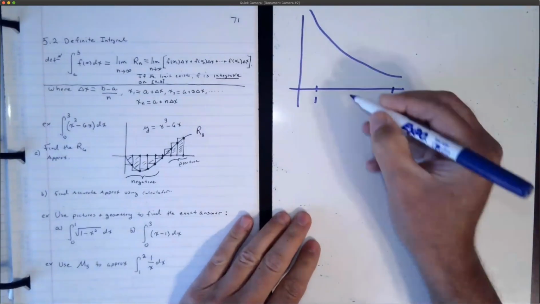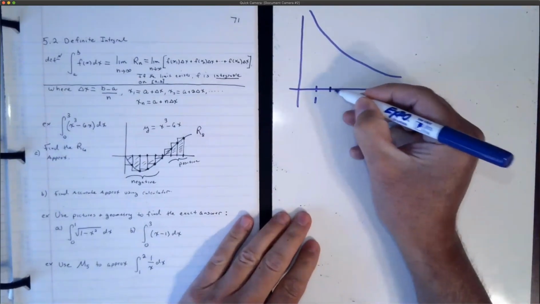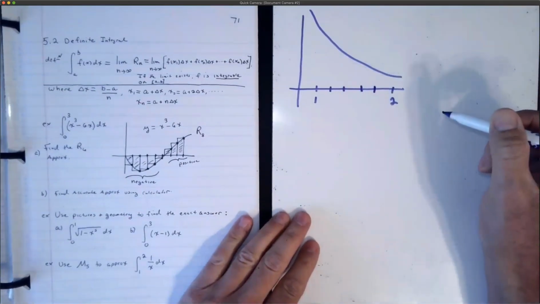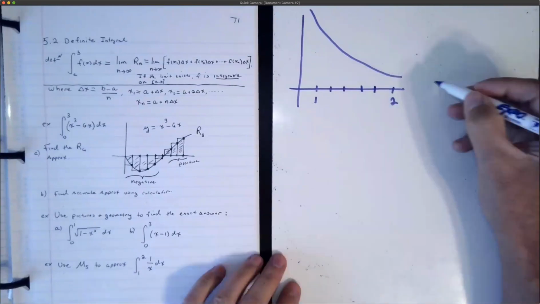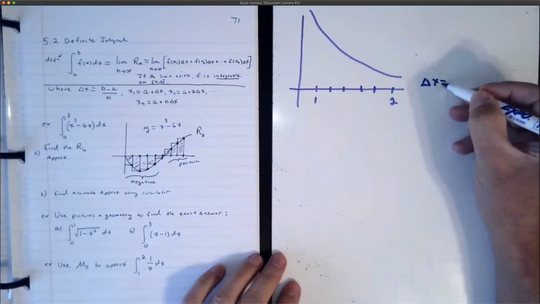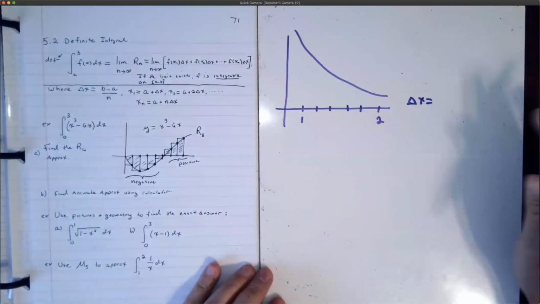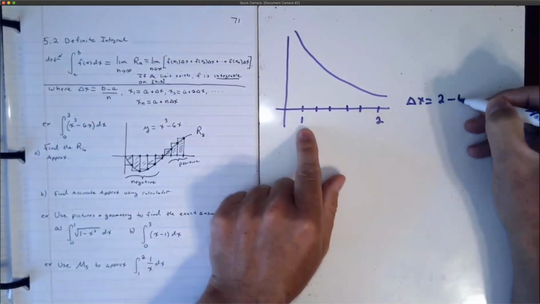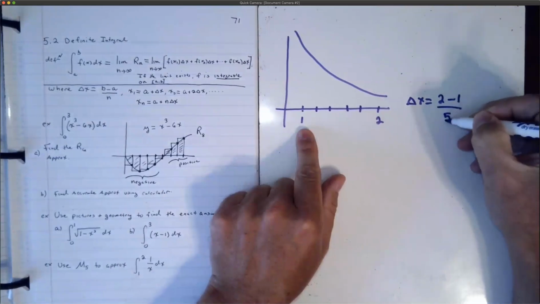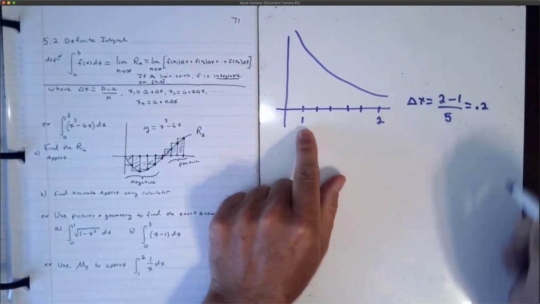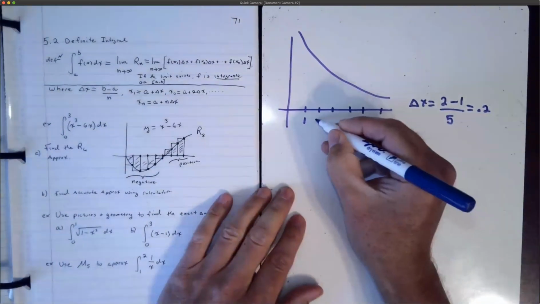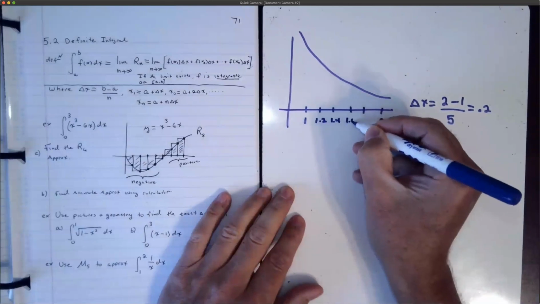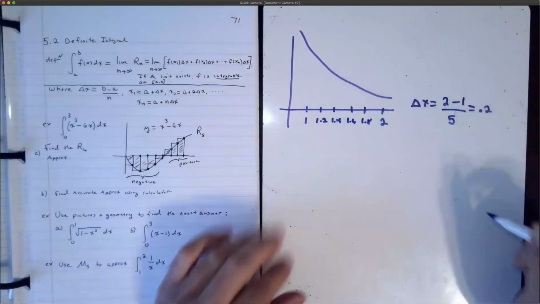And you want to split this up into 5 boxes. So delta x would be b minus a, 2 minus 1, over 5, which is 0.2. So we can fill in these missing subdivision points: 1.2, 1.4, 1.6, 1.8, and 2.